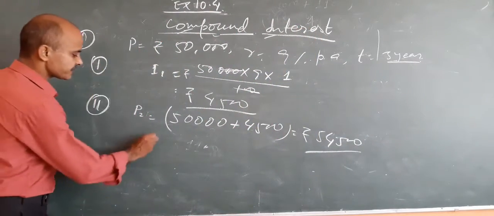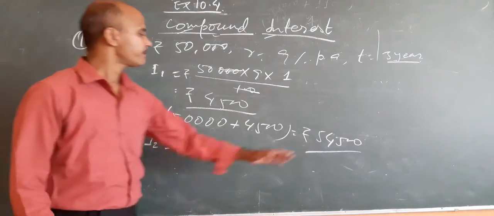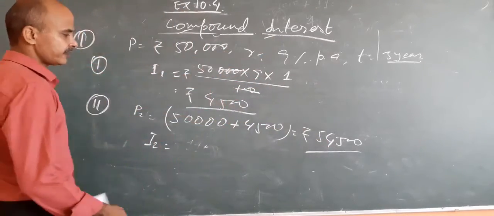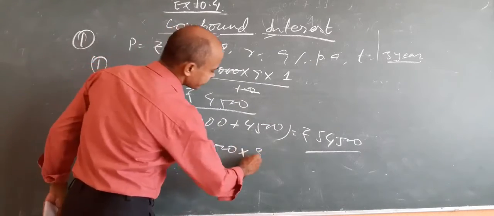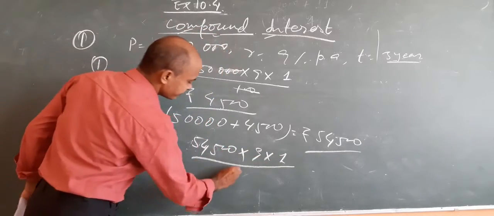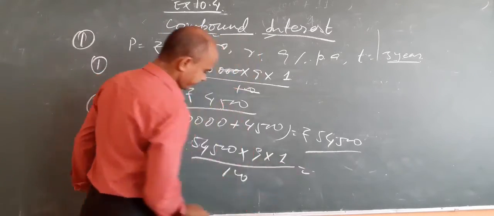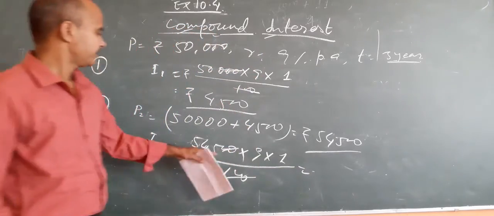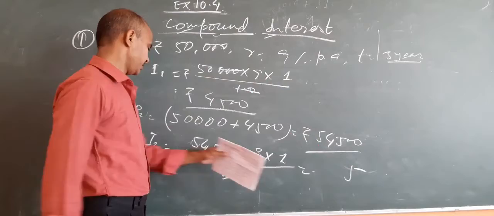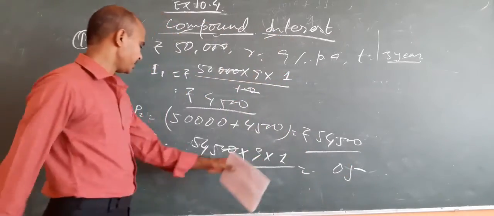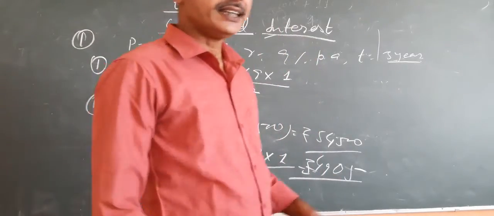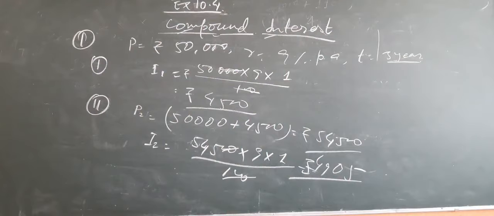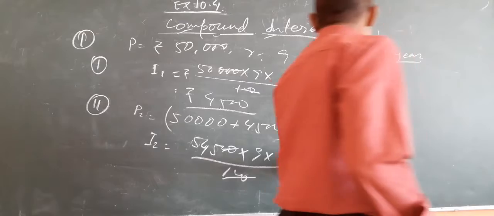The interest for the second year is again PRT by 100: 54,500, rate 9%, time 1 year, by 100. This becomes 4,905. This is the interest for the second year.